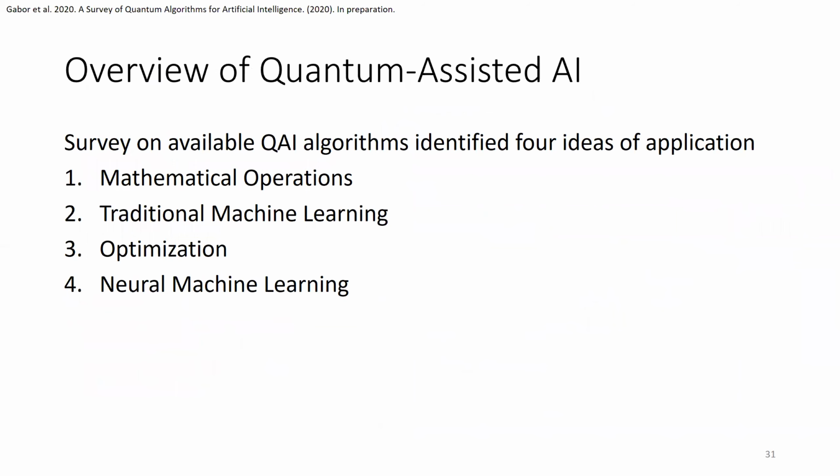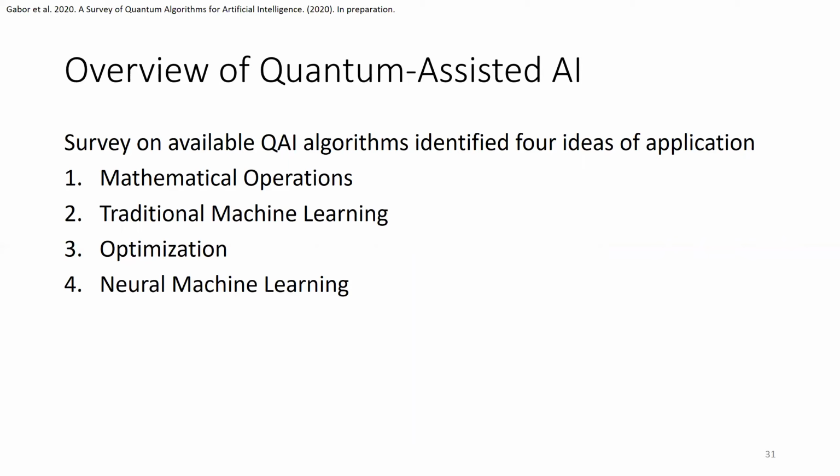There is some work in the field of quantum assistive AI, and we performed a survey on available quantum AI algorithms, and we saw that one can try to group them into four groups. First, the mathematical operations, for example, variational quantum eigensolvers, HHL.